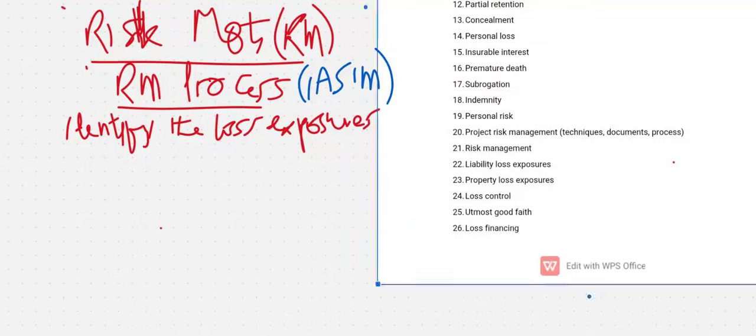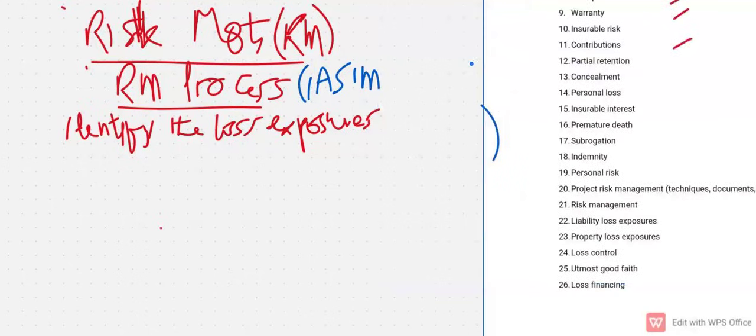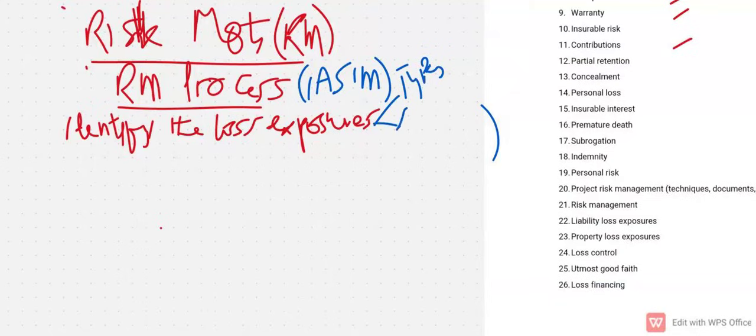And for the loss exposures, we have spoken about the types, and the sources or methods. All right.